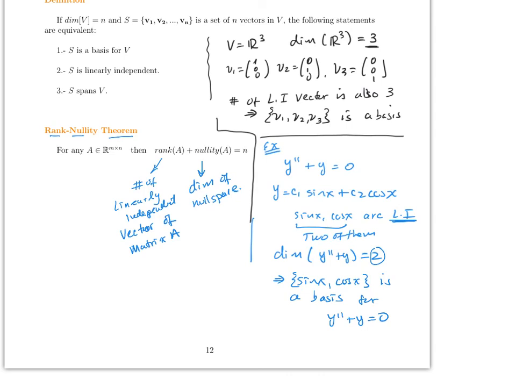Now, note the dimension of the null space is equal to 0 if or when x equals 0, 0, 0 is the only solution to the homogeneous system.